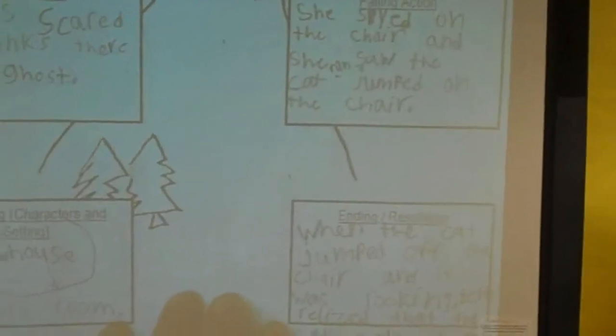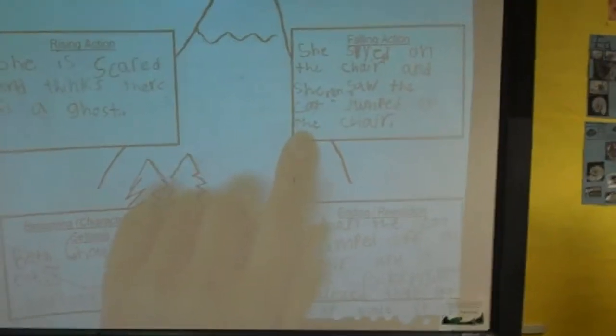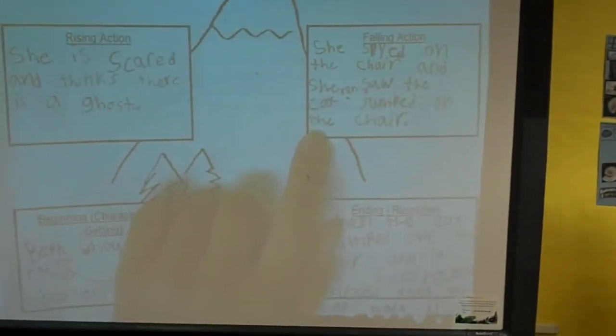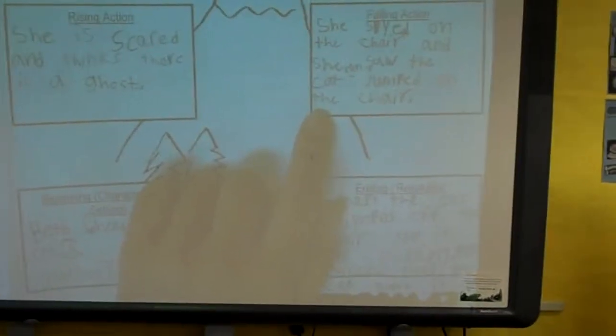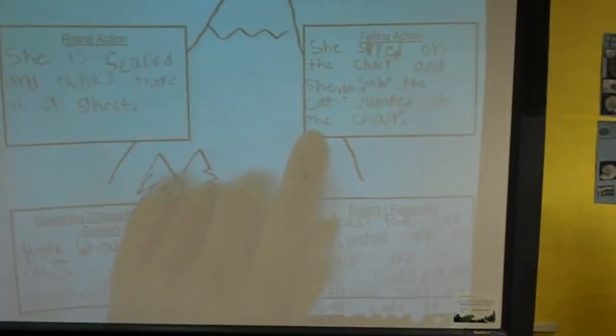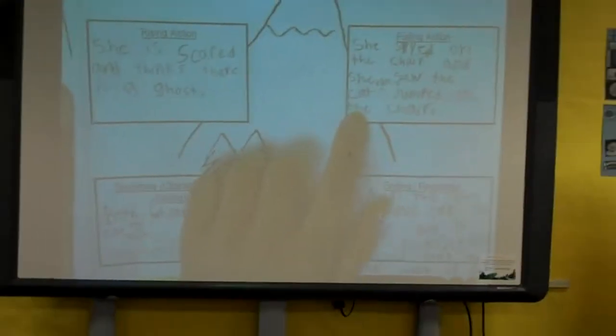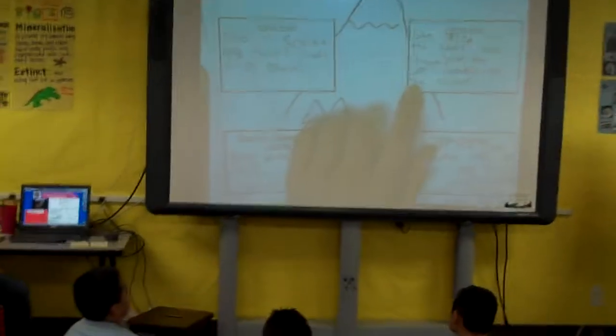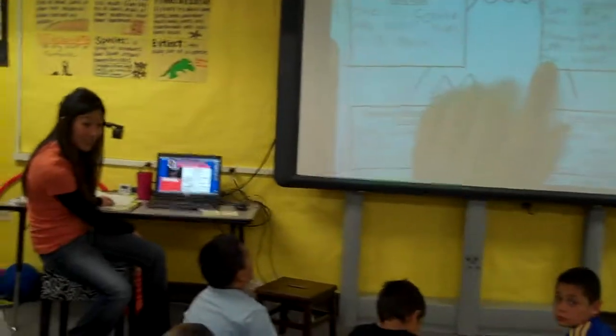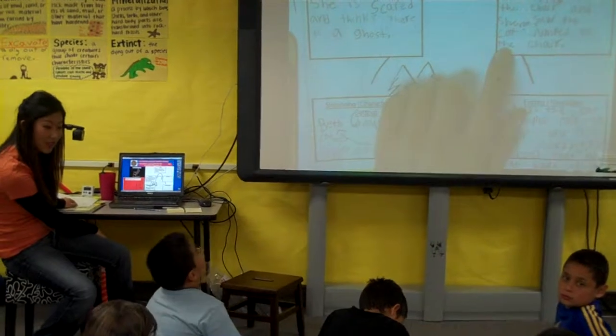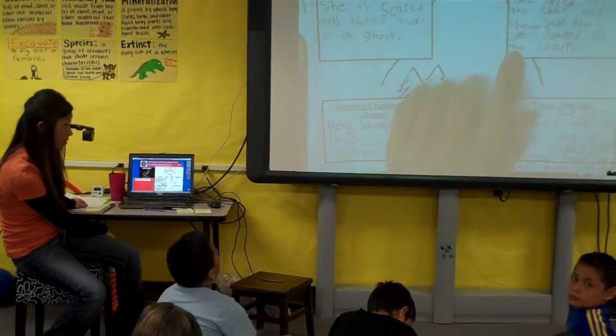Okay. What made you think that that's what you should put here for the falling action? No, your thinking's right. We just want to know what made you think that. Because when she runs off, part of the story is when she ran, the chair started rocking.